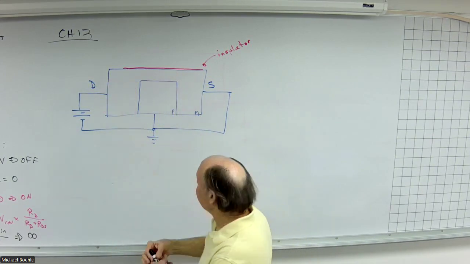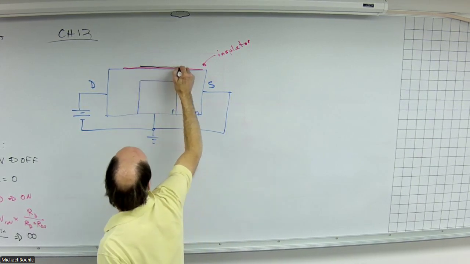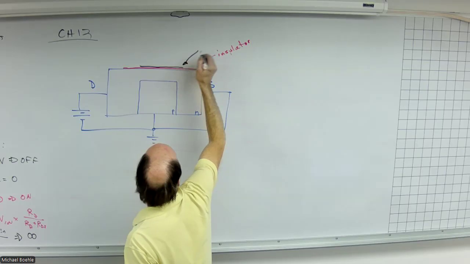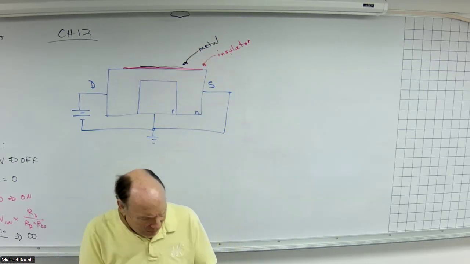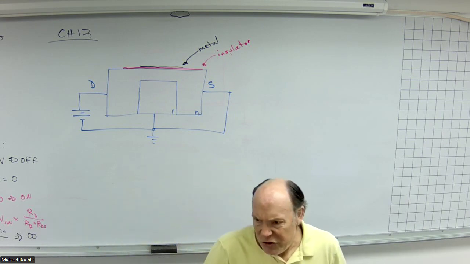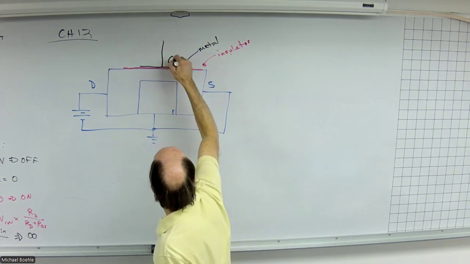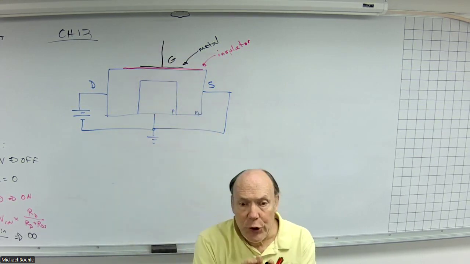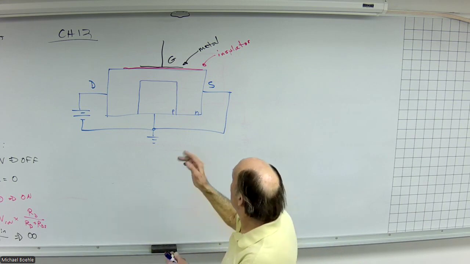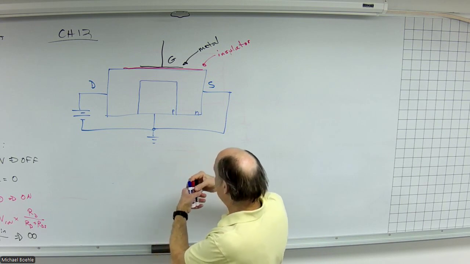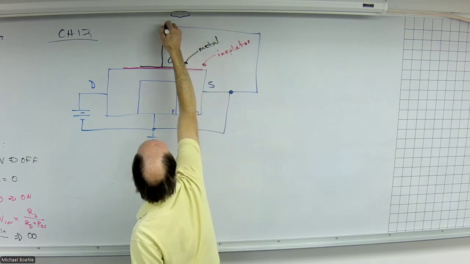Then, on top of that insulator, I put a conductive metal coating, which essentially acts like an electrode or just a sheet, if you will. And that is my gate. So there is no junction. Like we did before, we'll connect that gate to ground.